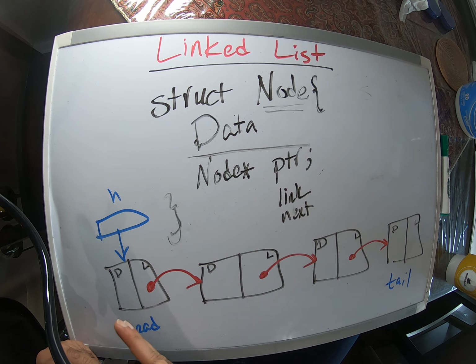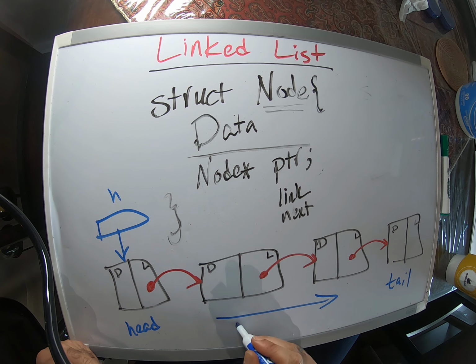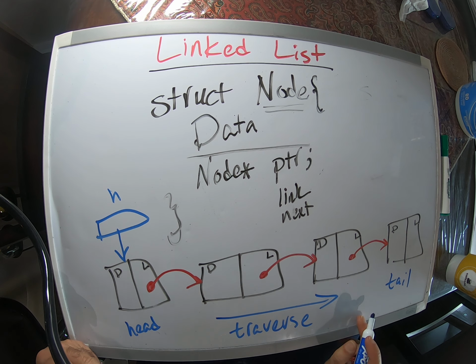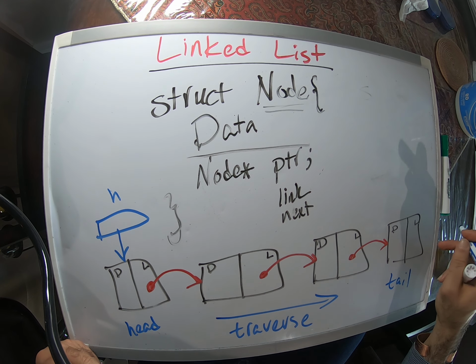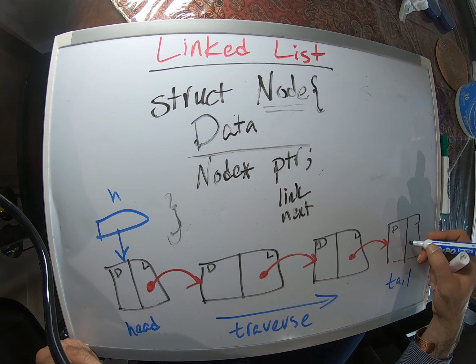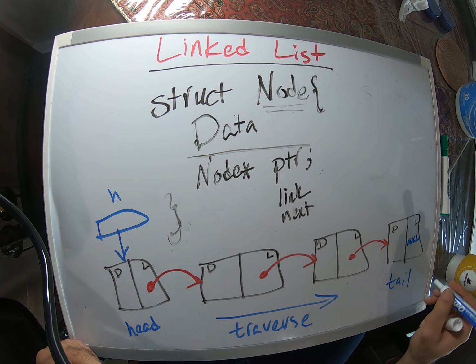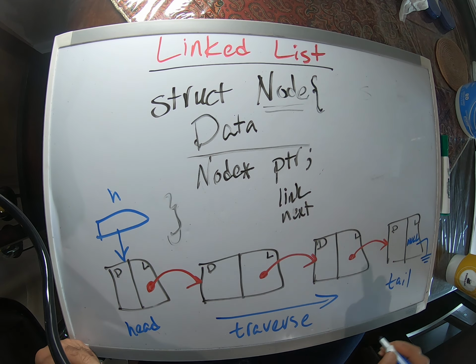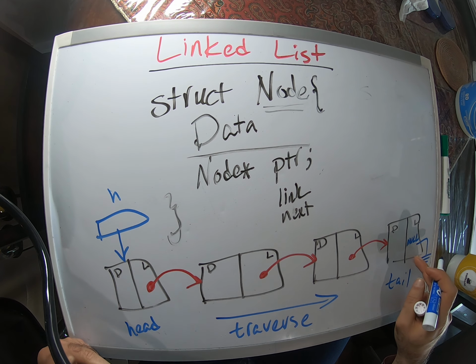And again, if we traverse through the linked list, how do we know where it ends? By filling the pointer of the last node with the null pointer, or sometimes they show it like this, we know that this is going to be the last node of the linked list.